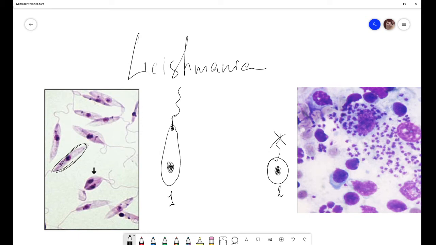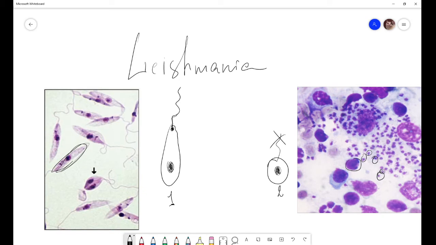As you can see in this picture, this is a microslide of, I think, hepatocytes, and in hepatocytes you can see a lot of very small amastigotes. And why are they so small? Because Leishmania is a parasite, and this parasite is living inside cells.